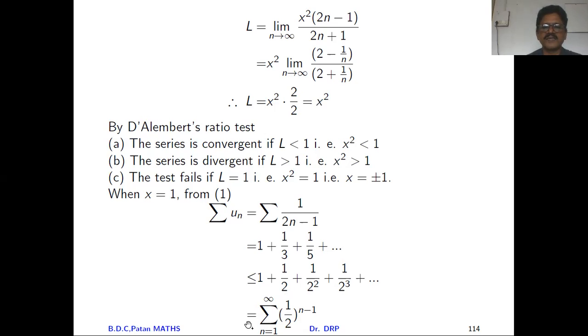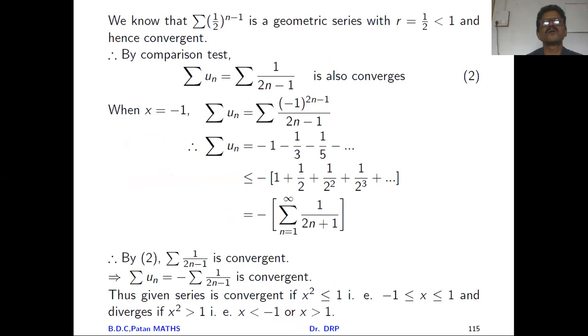So we can write it as summation n runs from 1 to infinity of 1 by 2 raised to n minus 1. So un equals 1 by 2 raised to n minus 1. And we know that summation of 1 by 2 raised to n minus 1 is a geometric series with common ratio 1 by 2, which is less than 1.